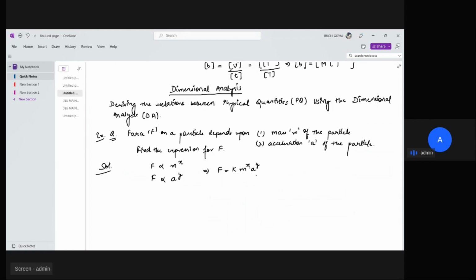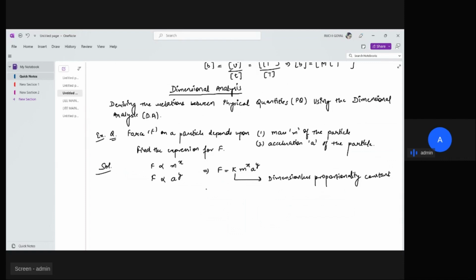Correct? Here k is a dimensionless proportionality constant, because we have removed the proportionality sign.